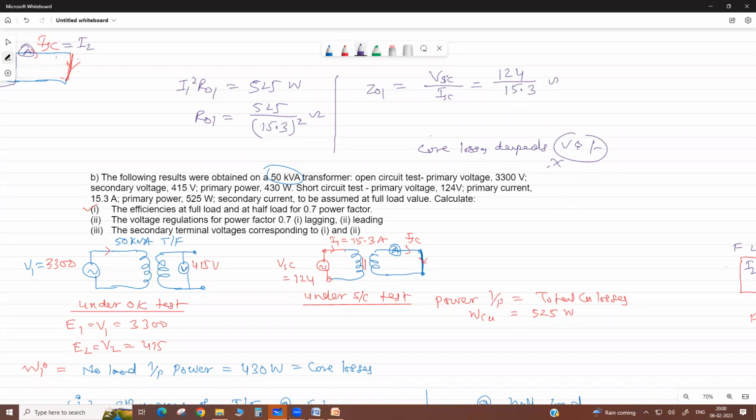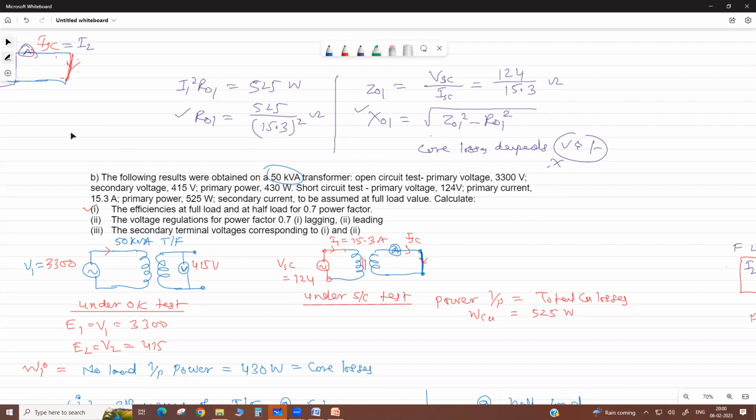This will give the impedance. Then from this impedance you calculate X01, that is square root of Z01 square minus R01 square. Now you get this R01, X01. Then you put in this formula.